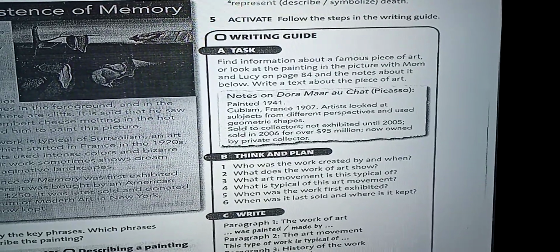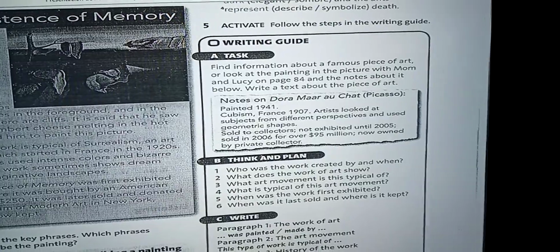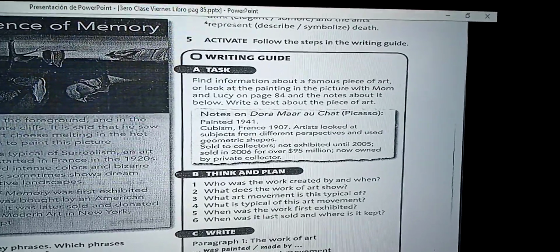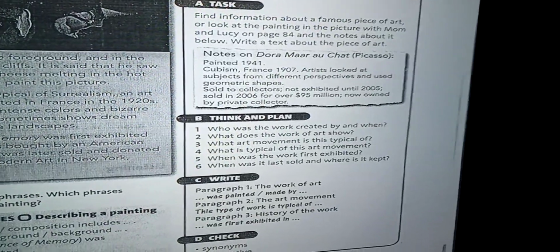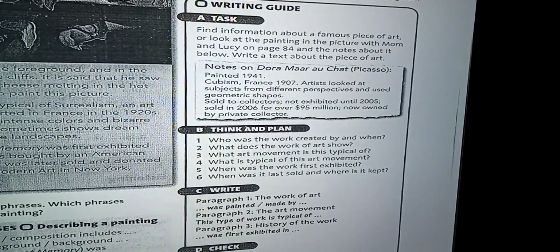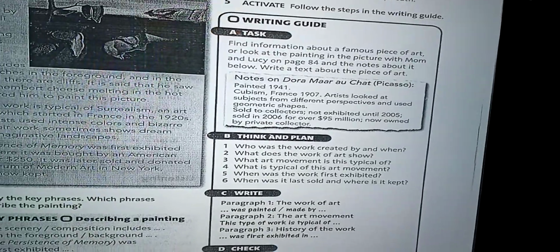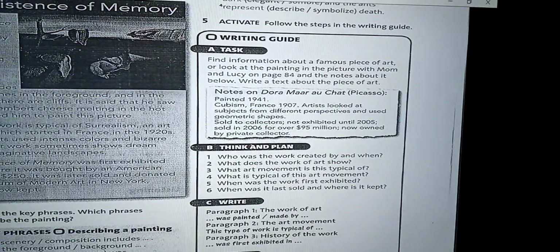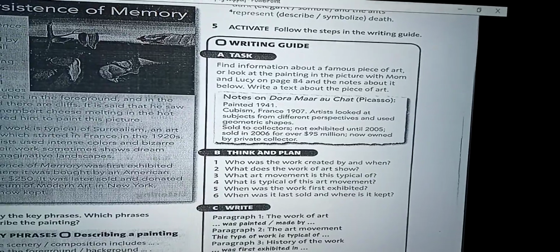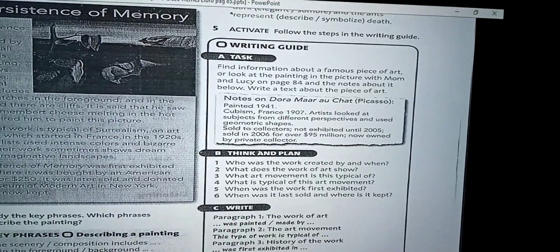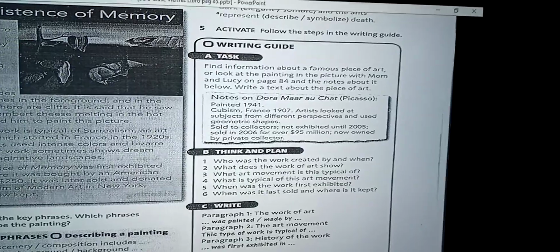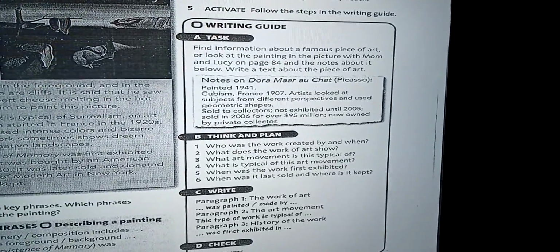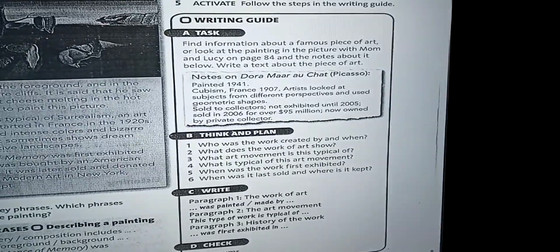Cubist, French, 1907. Artists looked at a subject from different perspectives and used geometric shapes. Sold to a collector, not exhibited until 2005, sold in 2006 for over 95 million, now owned by a private collector.